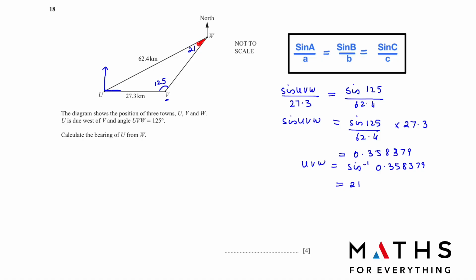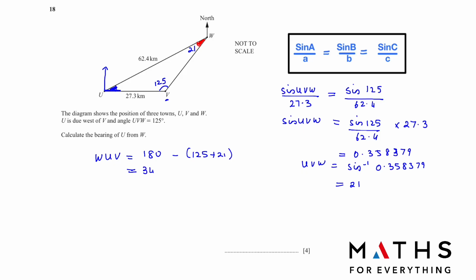We all know that the sum of three angles in a triangle equal to 180. We got two angles. So WUV is equal to 180 minus 125 plus 21. 34.